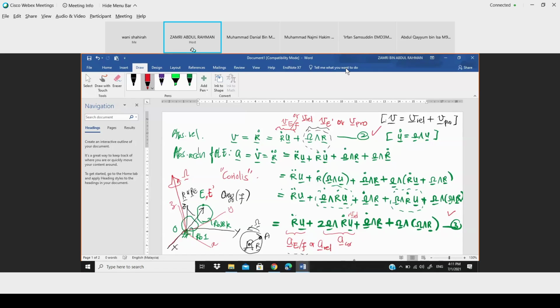Now look at this form, the last two terms here. For the last two terms, I want you to recall that the acceleration of point A will have what? What is the acceleration of point A? Can any one of you recall?